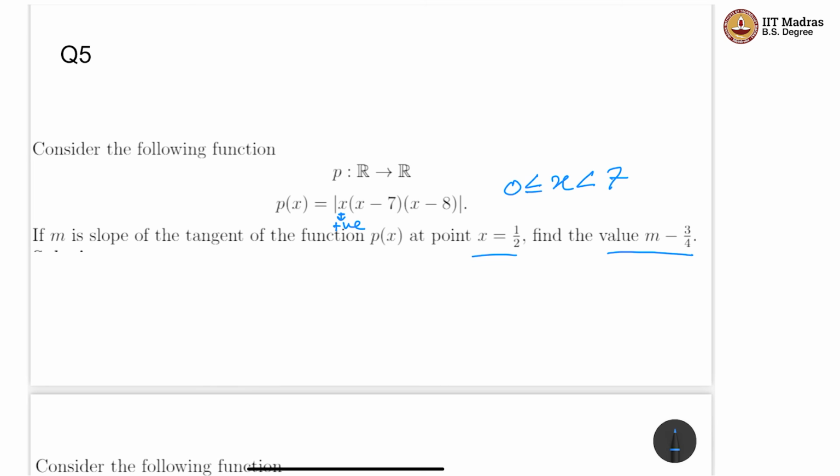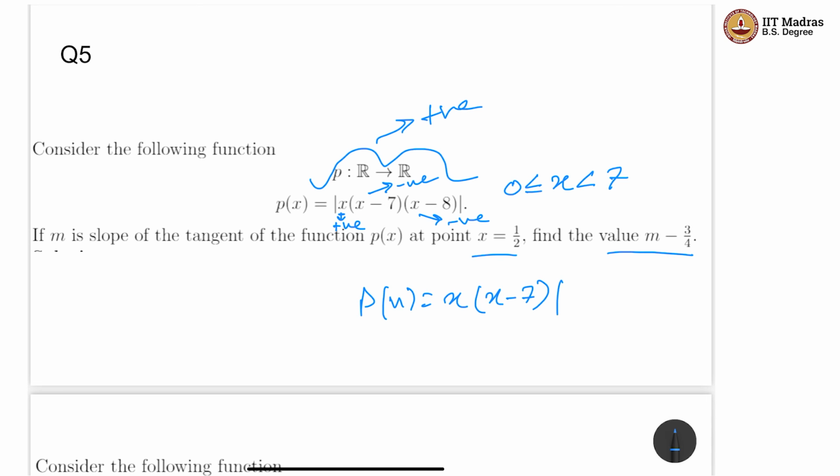And x is less than 7, so x minus 7 will be less than 0, so this is negative, right? Similarly, this is also negative, right? Hence the total term will be positive. So in this interval, p(x) will be equal to x times (x minus 7)(x minus 8) for all 0 less than or equal to x less than 7. So in this interval we will get a positive function.